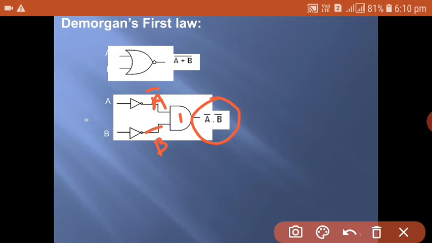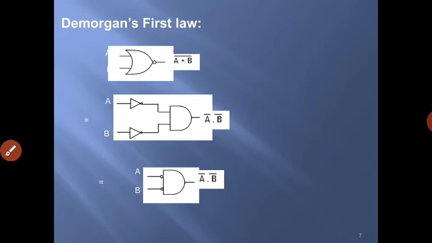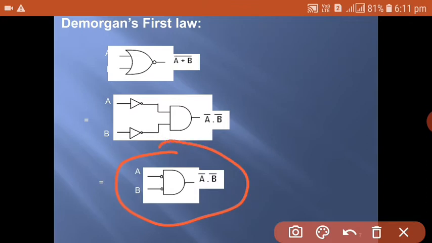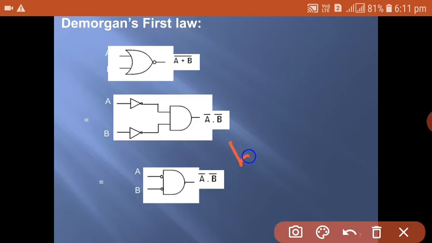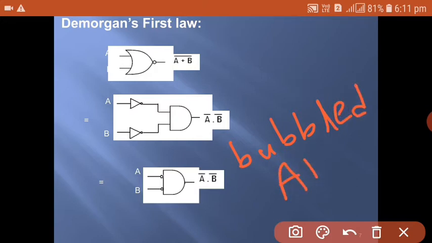So this can be realized like this. So bubbled inputs, bubbled AND, so this circuit you can call as bubbled AND, and which is equal to NOR.